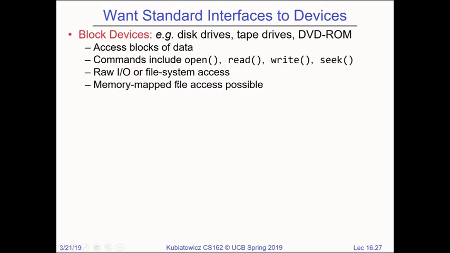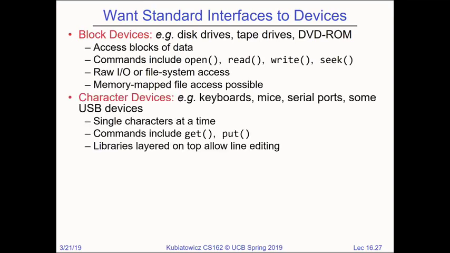And even more interesting, perhaps, if you haven't done this yet, is you can take a file and map it into memory with mmap. And now, rather than reading and writing a file, you can actually read and write memory, which causes the file to be read and written. Okay, so all of these things are possible with block devices. Character devices are things like keyboard, mice, serial ports, USB devices.